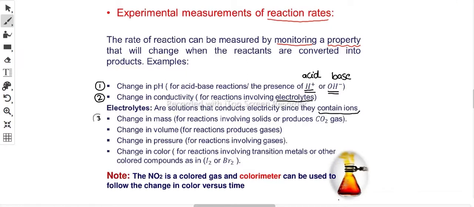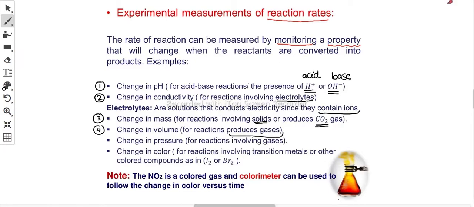The third method is the change in the mass. Usually, the change in mass is used whenever you have solids and there is a production of carbon dioxide. We will look at an example later. Number 4, we have the change in volume. If you want to follow the change in volume, the chemical reaction should produce a type of gas.